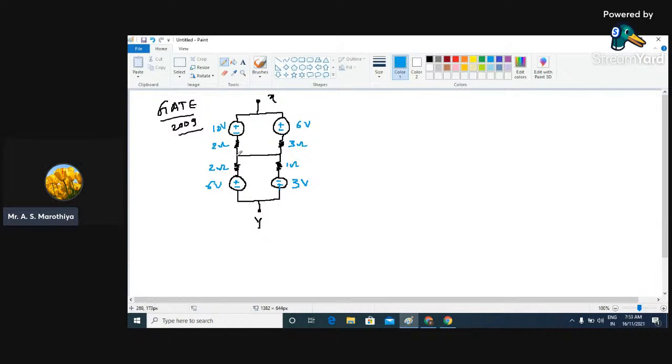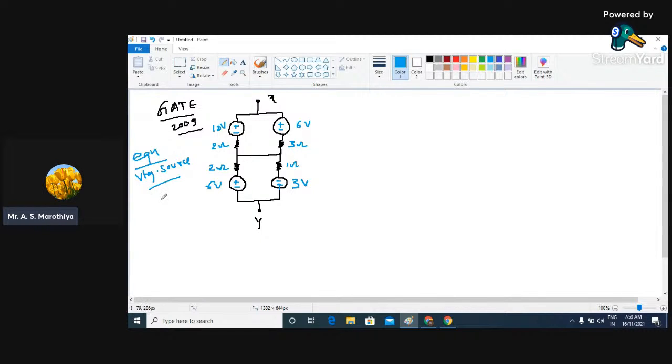And our objective is, we want to represent this particular circuit as an equivalent voltage source. So our objective is, we want to reduce this entire network into an equivalent voltage source.